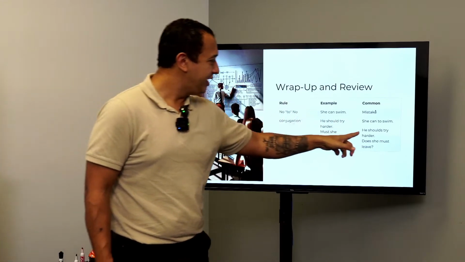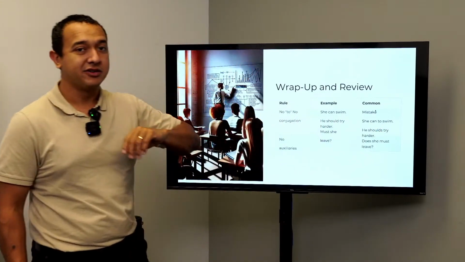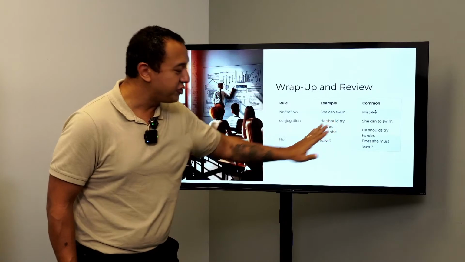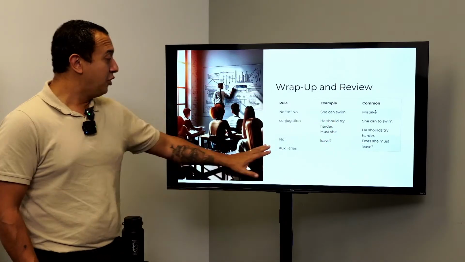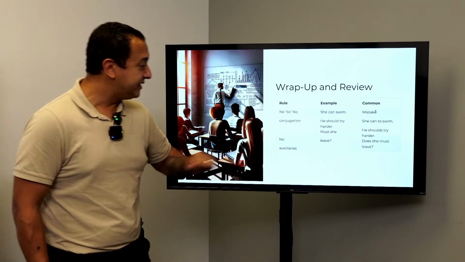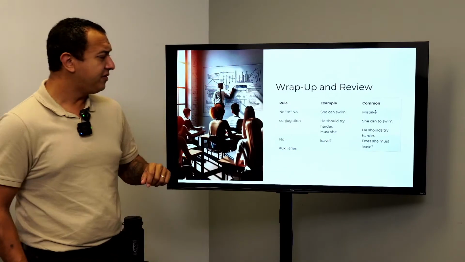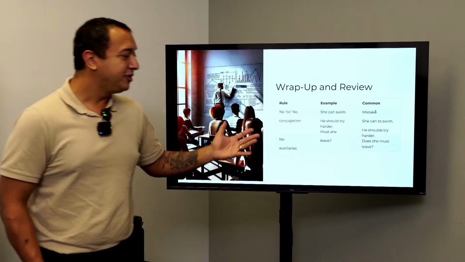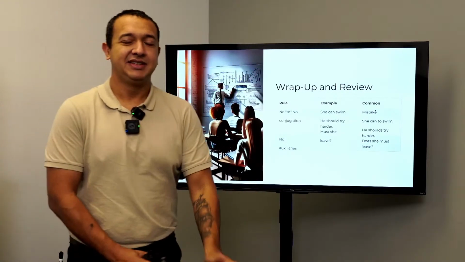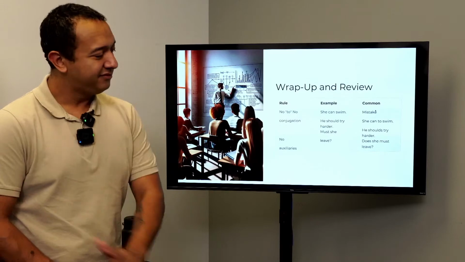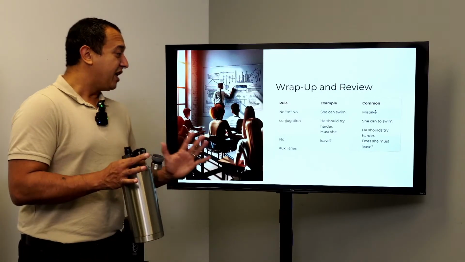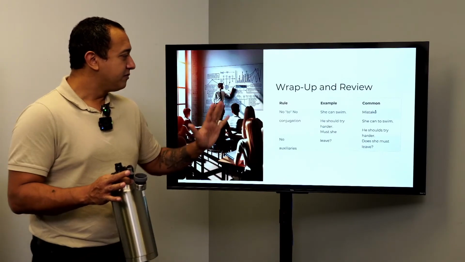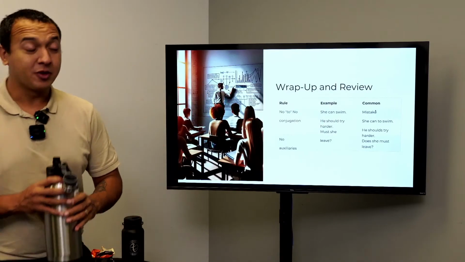Beautiful. Not he shoulds try harder. This is not good. I don't need to conjugate modal verbs. No auxiliaries. Example, must she leave? Okay, what is the mistake? Does she must leave? I don't need does, I don't need do, I don't need did. None of those words. Have, not necessary, okay? Because these are modal verbs. They are not normal verbs, okay?